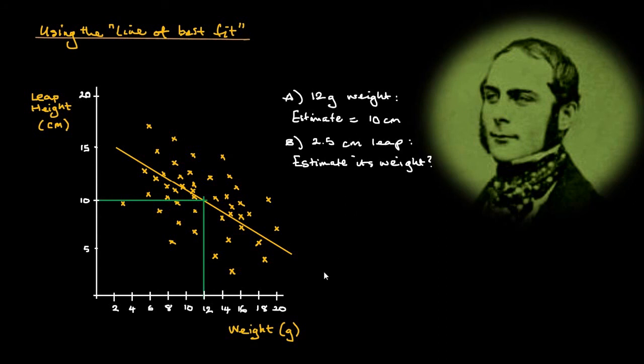Well, this needs a little bit of thought. Again, if we think of the elliptical pattern of this data, we can reliably estimate, fairly reliably, especially as we get closer to the center, a value. Given one variable, we can estimate the other one.